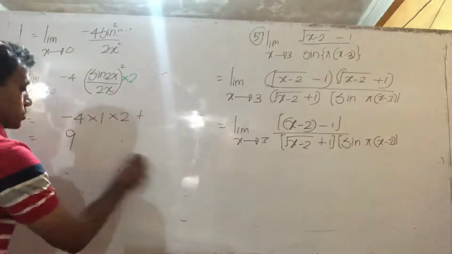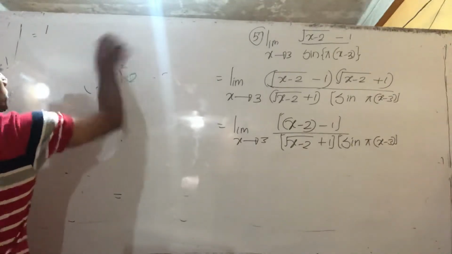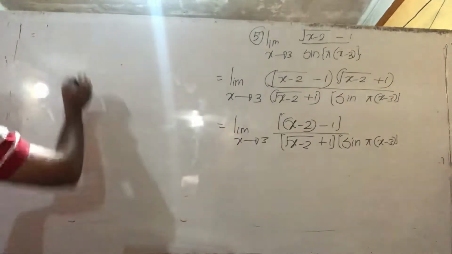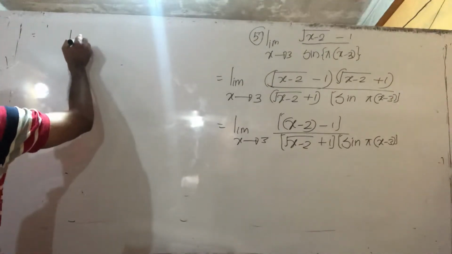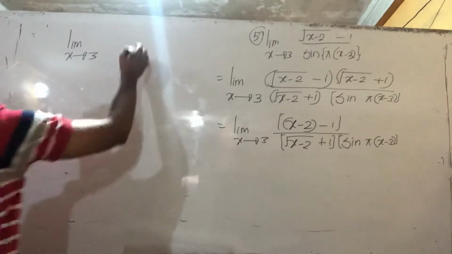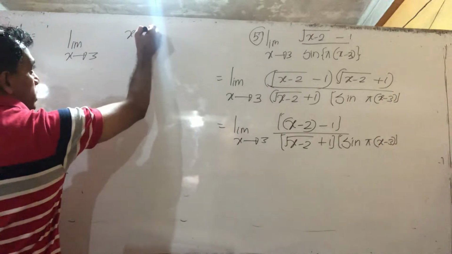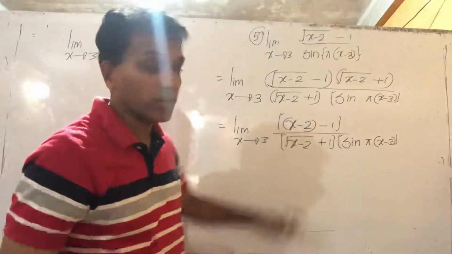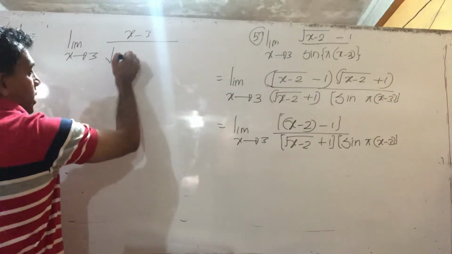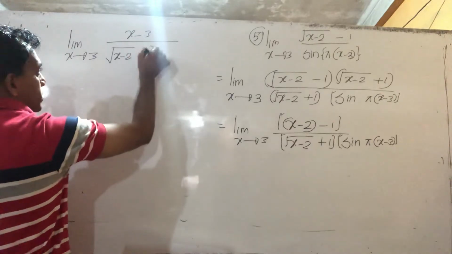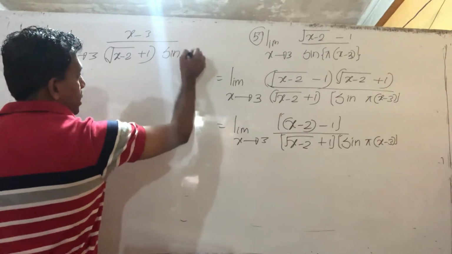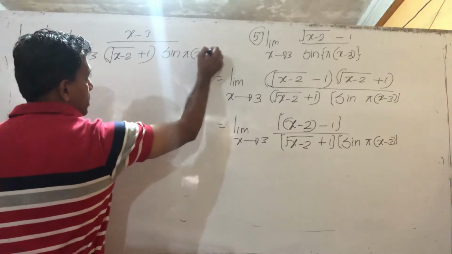Okay, so next part, what is that? Limit x tends to 3, x minus 3 over square root of x minus 2 plus 1, with the remaining sine pi x minus 3.